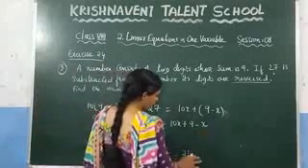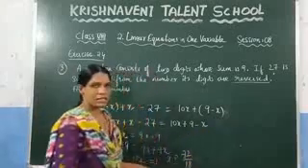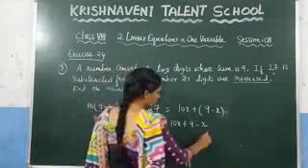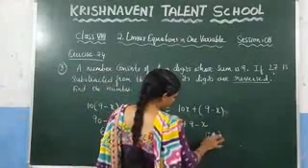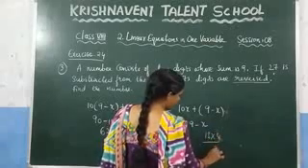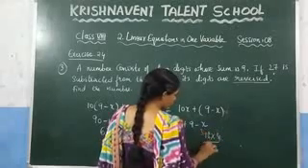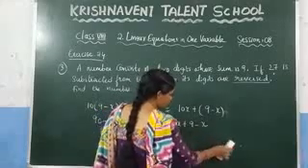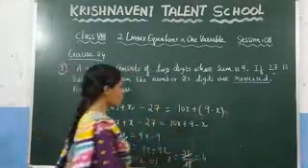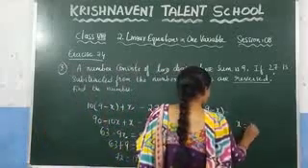You can check it: 18 fours are 72. So you can see the value of x is 4.